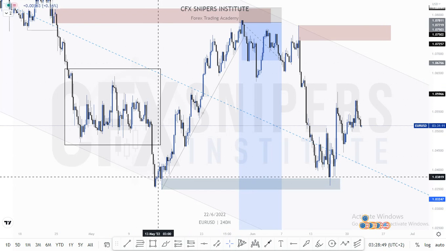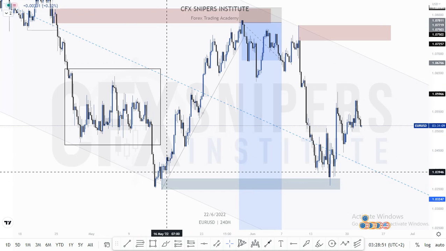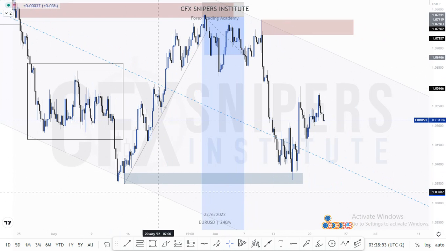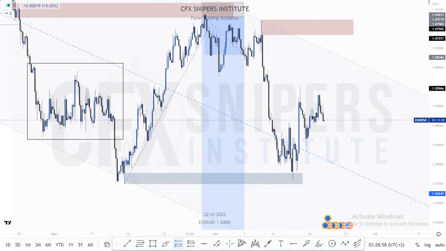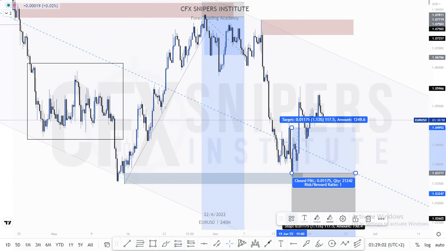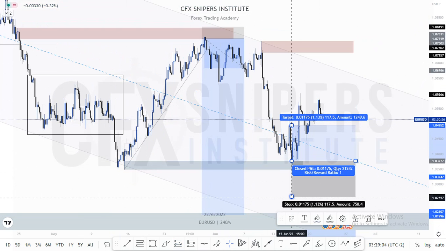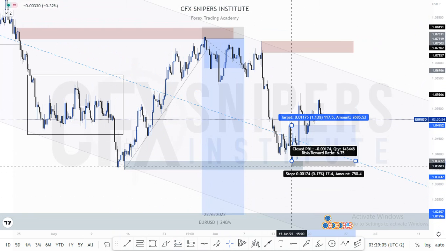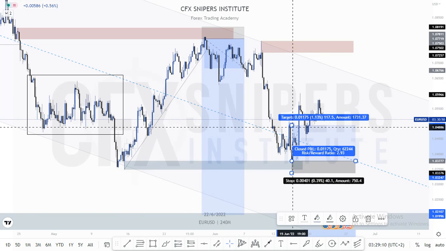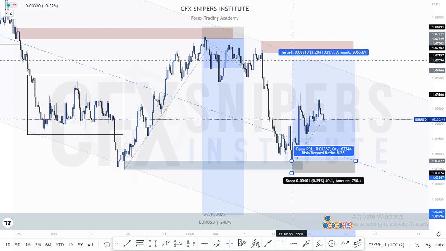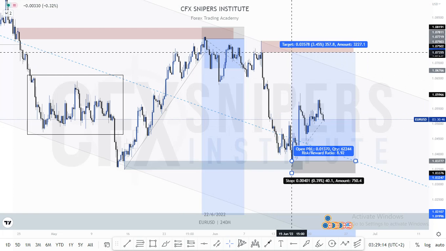Let's say we take buys and put our stops there. But now the issue is that the take profit point would be the opposing supply zone.